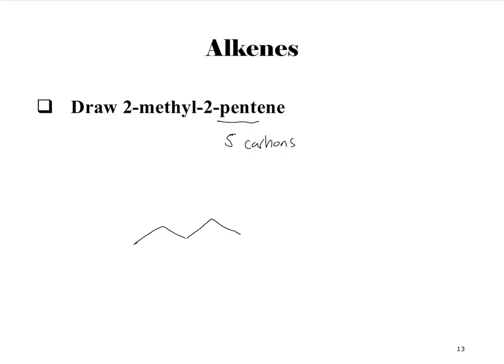I have a double bond starting on which carbon? 2. Yep, this is the location of the double bond. I'm just going to number this to make it easier for myself. That's my double bond there. It starts on carbon number 2. And then I also have what on 2?